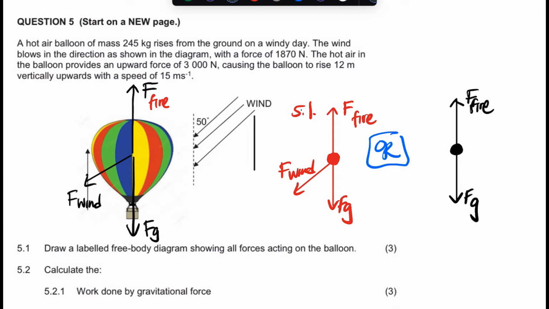You have your Fy there, and then you have your Fx in that direction. So the wind has components there. Guys, this is very important. It helps you when it comes to calculation.